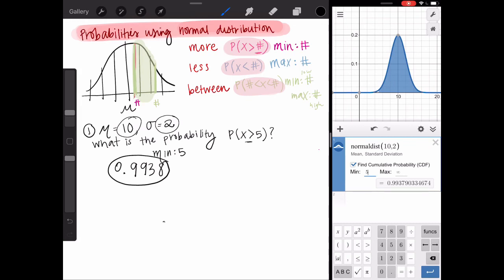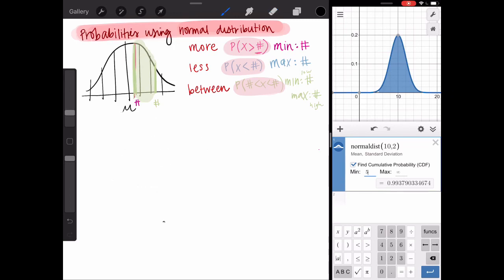Okay, let's try another one. Alright, what about, let's say my mean is 110 and my standard deviation is 14.